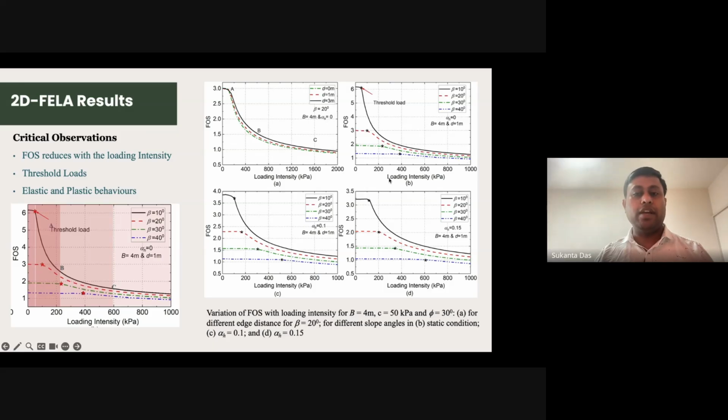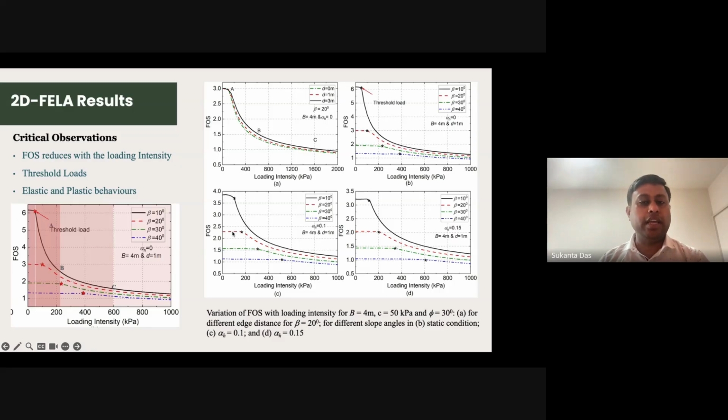Then again we have applied one pseudostatic seismic coefficient to represent the earthquake loads, as we know that when you are introducing some earthquake force, definitely the stability or factor of safety is going to decrease. So as a result, even for the 10 degree slope, we have seen the factor of safety is significantly reduced, even though it is 10 degrees.